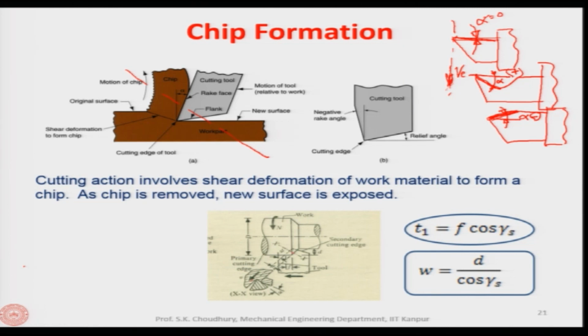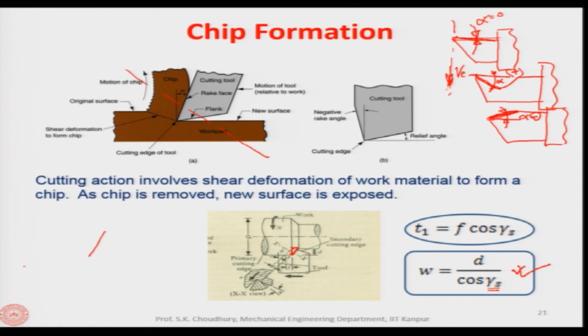As we said, this is the width of cut, from here to here. Now, if you take this triangle, this triangle will reveal this equation: this is W, and W is equal to d divided by cos of gamma s, and gamma s is the side cutting edge angle.